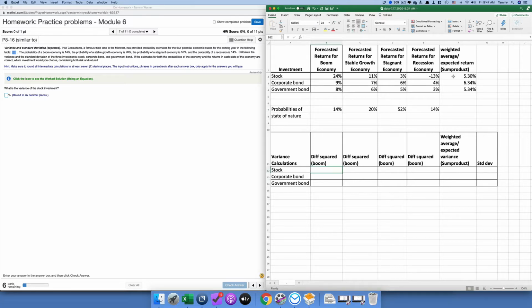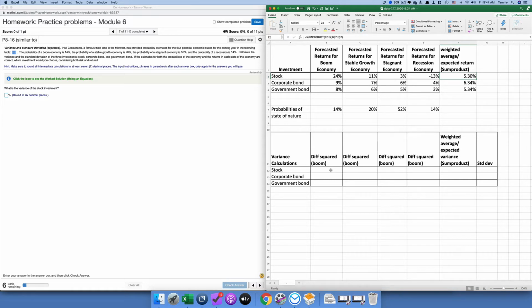So in order to calculate the variance, you have to look at the difference. The variance is basically an average difference, right? And you're looking at the difference between, in this case for a stock, the forecasted return in a boom economy versus the expected return, which is defined as this 5.3% over here.